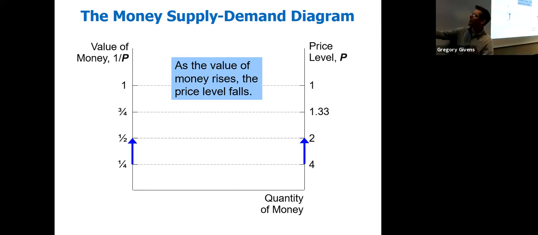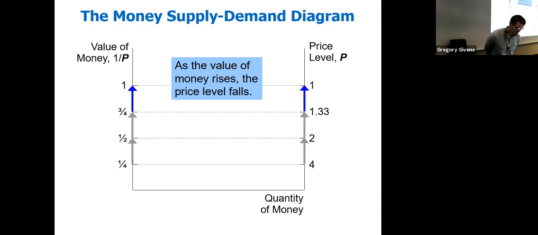And that's obvious. Why? Because the price level is just the reciprocal of the value of money, or vice versa, right? So as the price level falls, P is getting smaller, the value of money is getting bigger, okay?